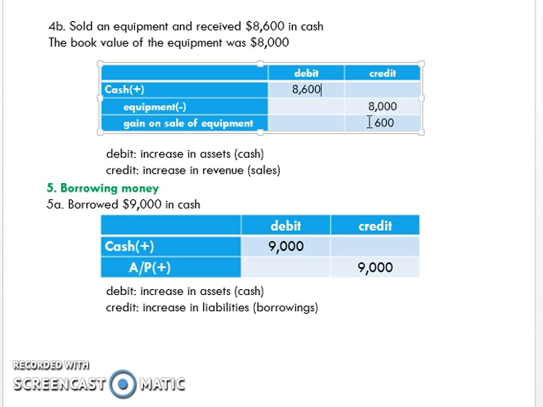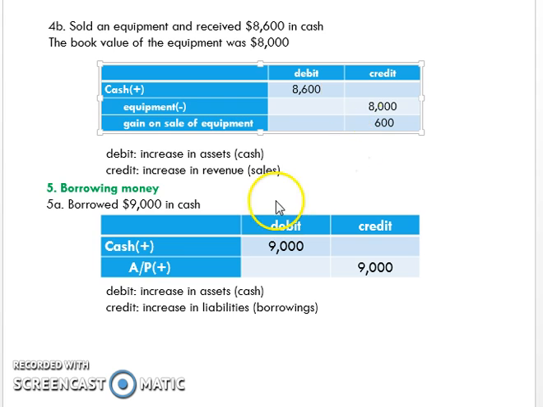Gains, we can initially categorize as an income account, but actually they are not income. So whenever we make gains, we need to write on the credit side.